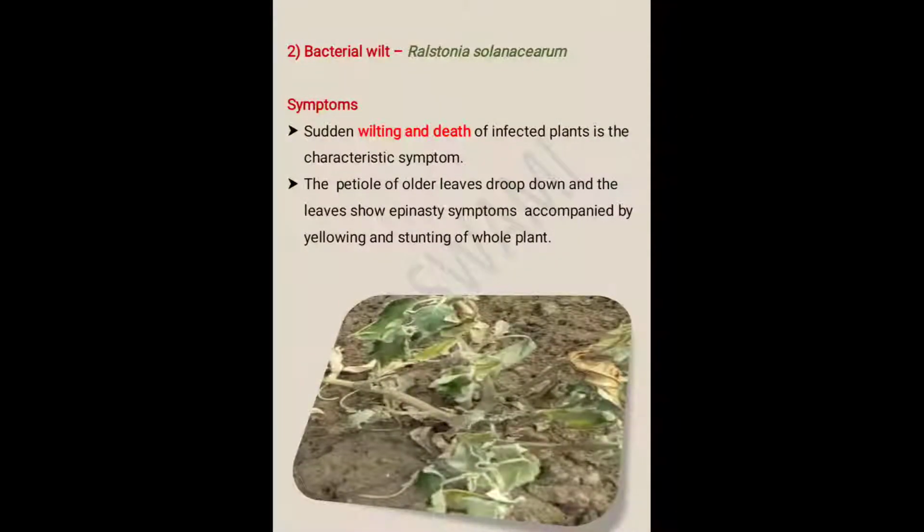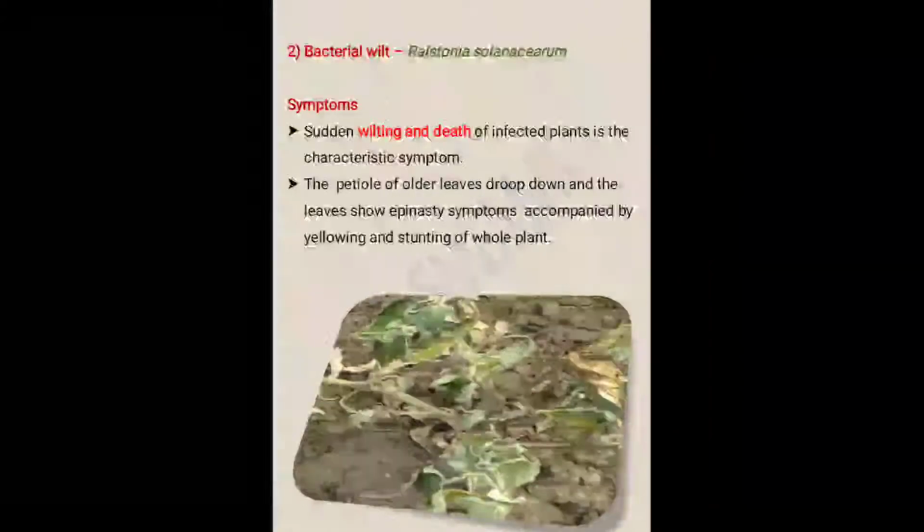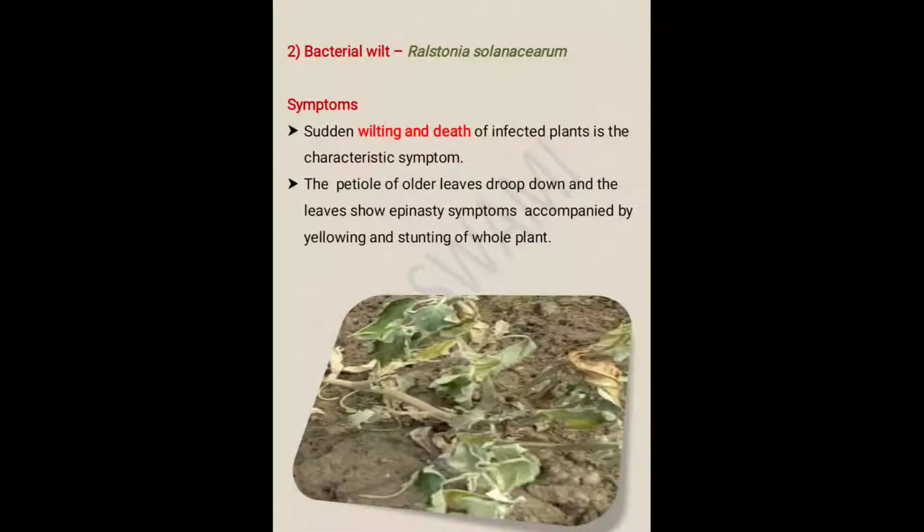Symptoms: sudden wilting and death of infected plants is the characteristic symptom. As we know, the wilt, it is the symptom, means the situation in which the infected plant shows drying and ultimately death.